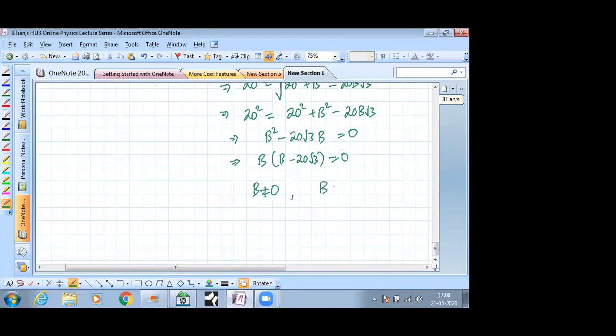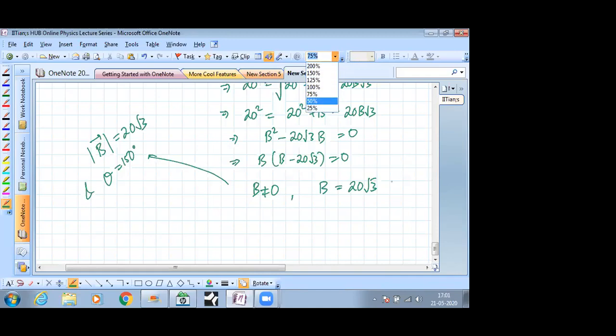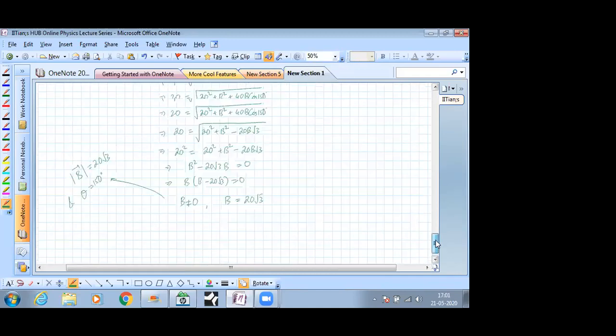Therefore b is equal to 20 root 3, and that becomes the final answer. So the magnitude of the vector b in this case is 20 root 3 and the angle theta between a and b is 150 degrees. This you can say is the primary method of solving the question.